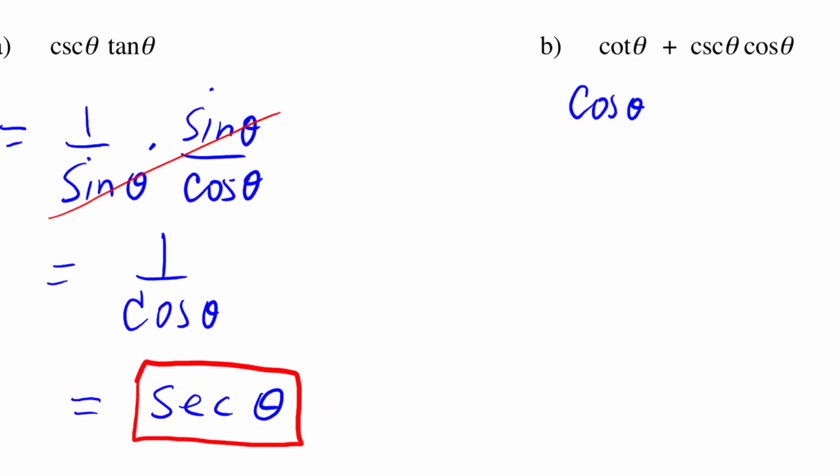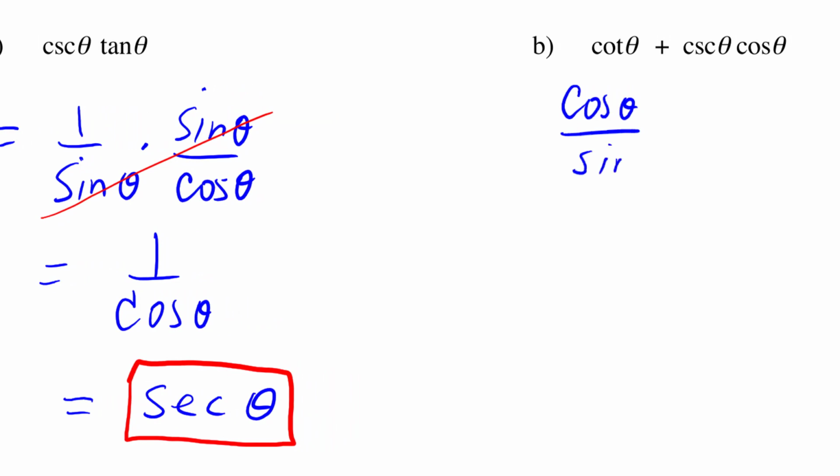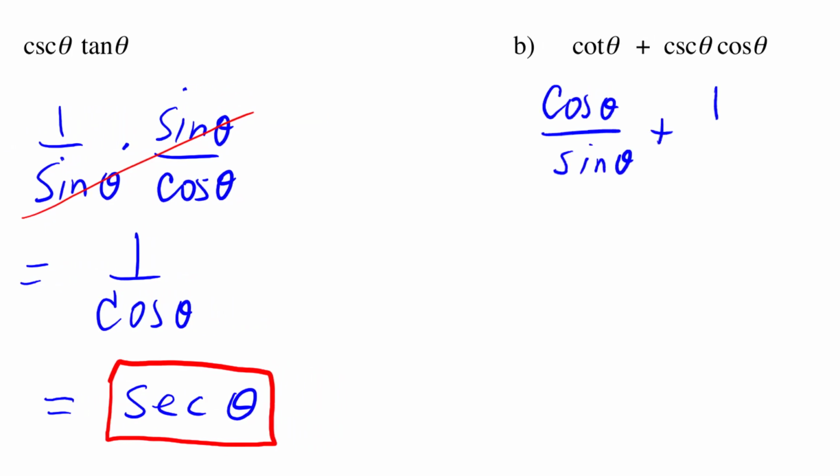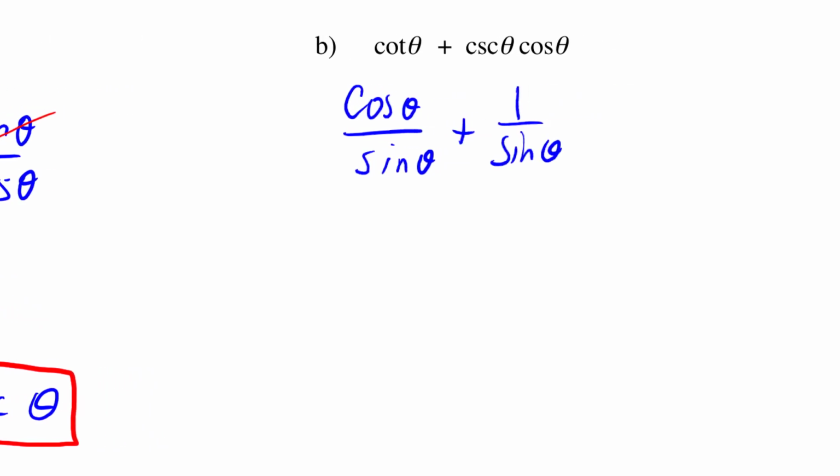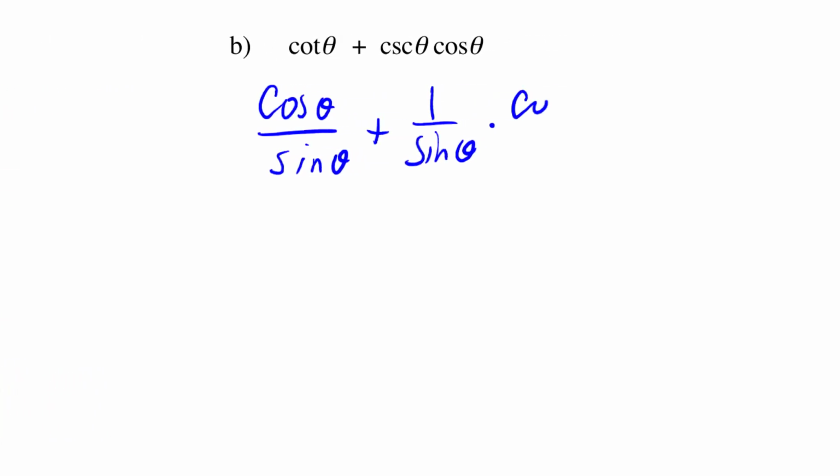Here's another example. Cotangent theta is cosine theta over sine theta, plus the cosecant is 1 over sine theta, and the cosine is cosine theta, but it's common for us when there are a bunch of fractions around to also make something like that into a fraction over 1. So let's see what we have.